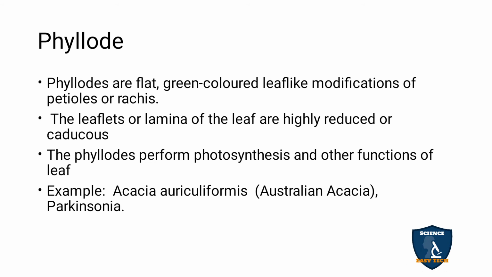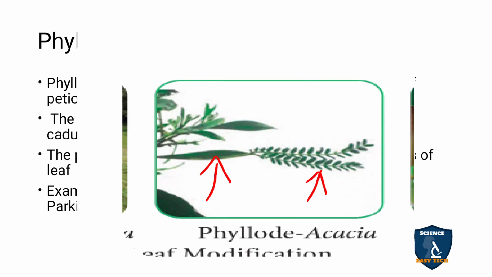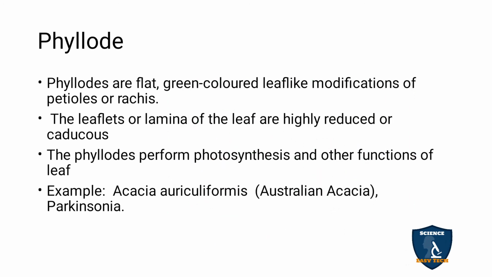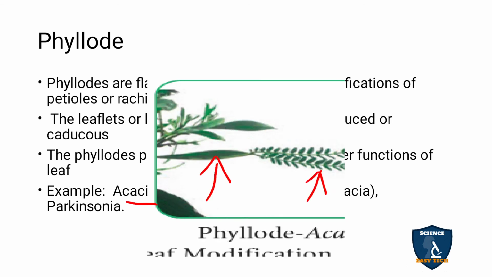The leaflets are much reduced. They are caducous, they fall off after formation, and the phyllodes do the function of photosynthesis. This is seen in Acacia auriculiformis, the Australian Acacia, and Parkinsonia. You remember Acacia alone, that is enough.